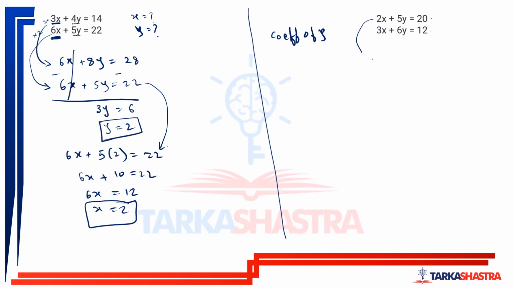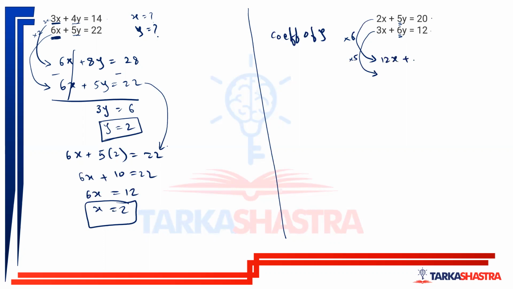I'll multiply the first equation by the coefficient of y of the second equation, and I'll multiply the second equation with the coefficient of y of the first equation, that is 5. Just multiply it. What will you get?